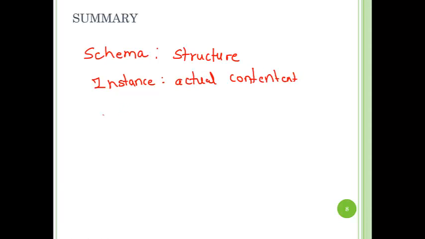And we have studied three types of schema: physical level schema, logical level schema, and view schema. So this is altogether the concept of instance and schema.